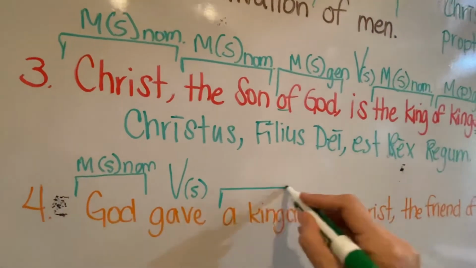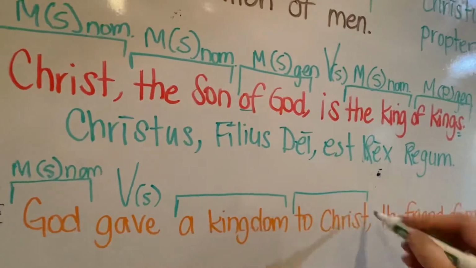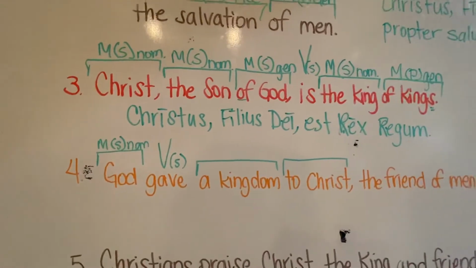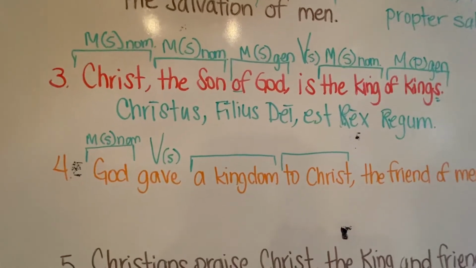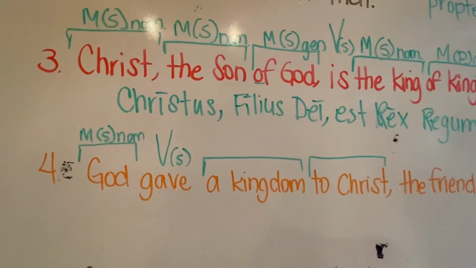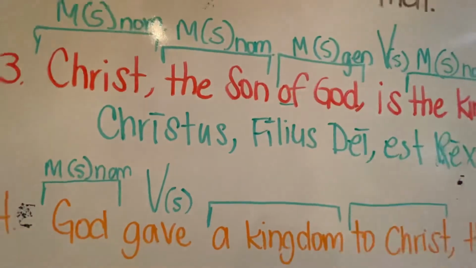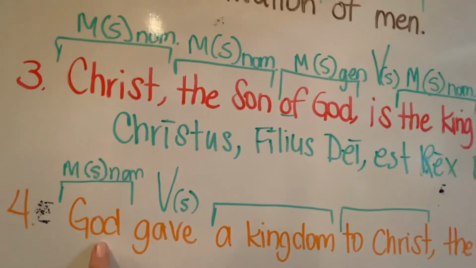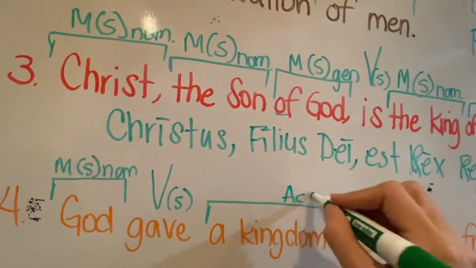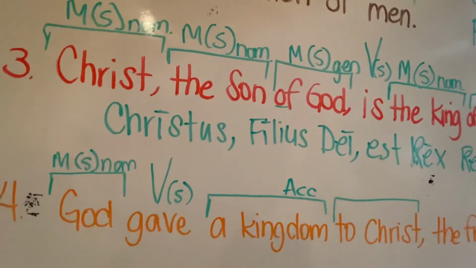Then I have a kingdom to Christ. Okay, I just wanted to look at that really quick. So I have a kingdom. God gave what? Who or what? He gave a kingdom. Okay, so I'm thinking direct object. Can kingdom rename or replace God? No, it does not. Okay, so in this case, this is a direct object, so we call it an accusative in Latin.